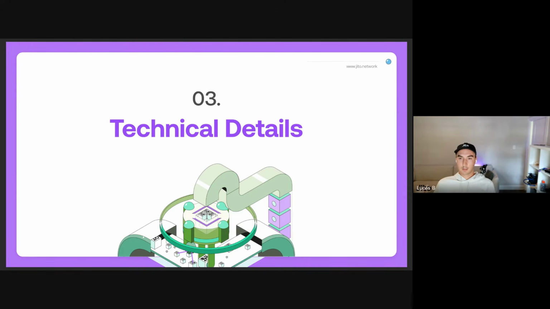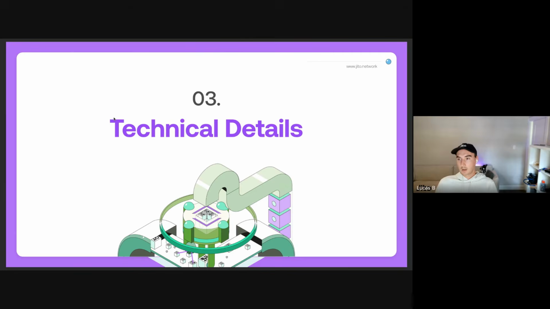And that small delay gives searchers enough time to simulate and predict what's going to happen and what the correct bundle is to extract the MEV, and gives our system enough time. And then, to answer your question, we determine what the bundles are that get executed, and every other transaction that's not in the bundle just passes from the relayer straight through to the validator.